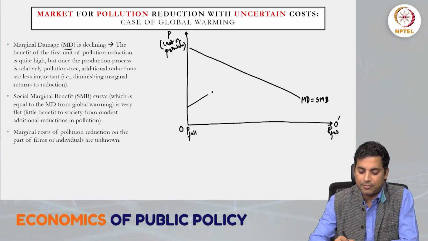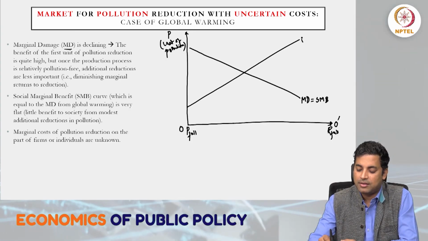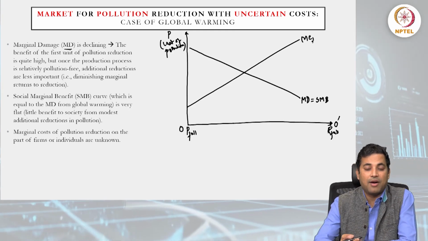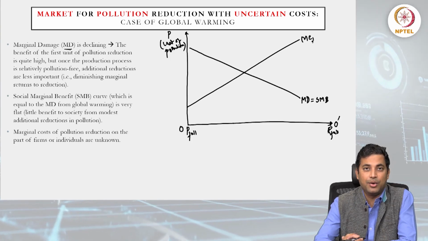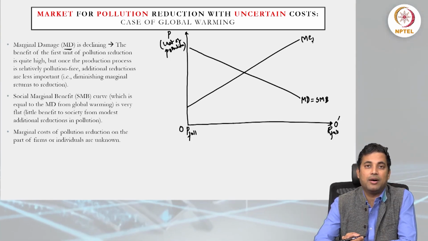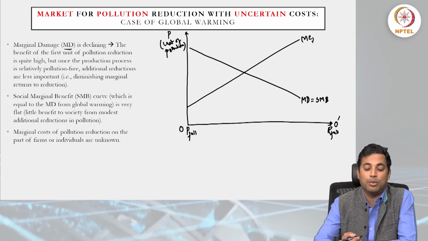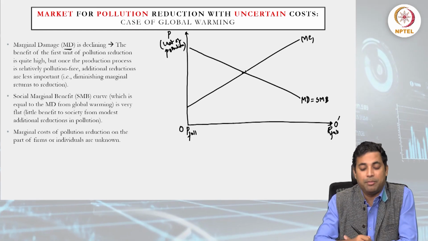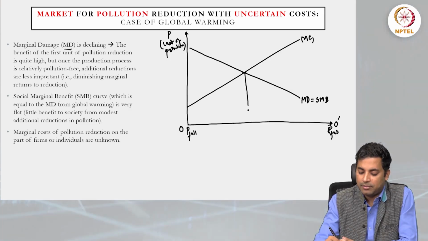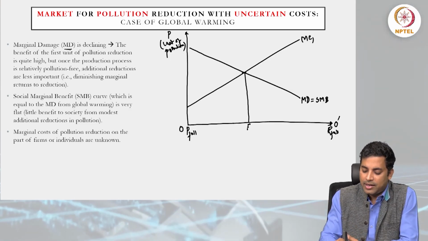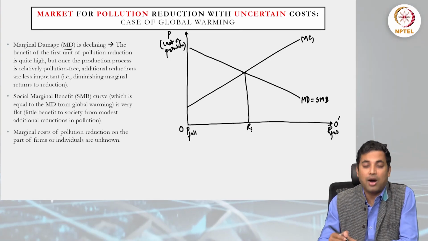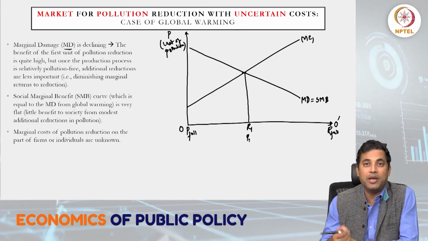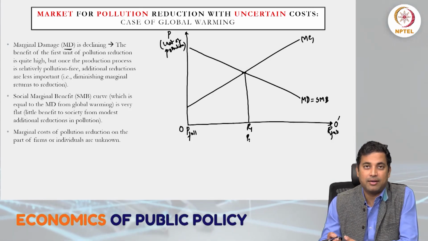Say this is the firm's marginal cost curve, which is unknown, especially for addressing global warming. And we see here an equilibrium at this point. We are seeing R1 amount of pollution reduction, and OP1 amount of pollution.